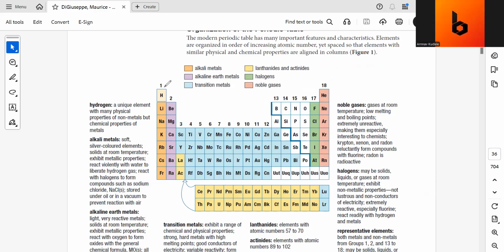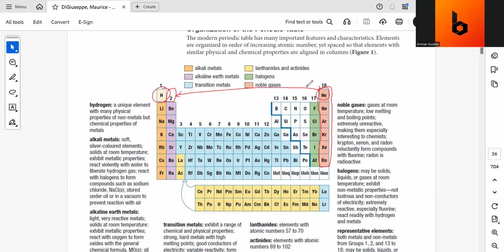Helium ideally should have been over here because it's an s-block element. But it has been put along with the noble gases because its properties are similar to those of the noble gases.